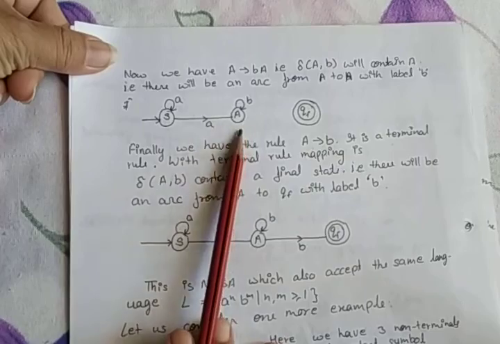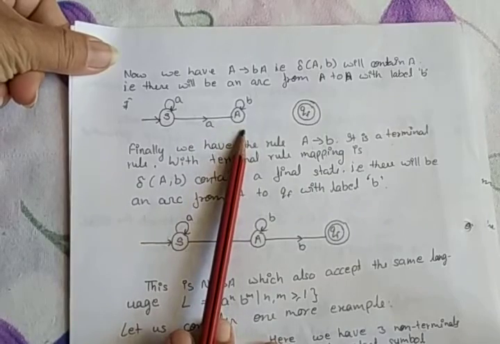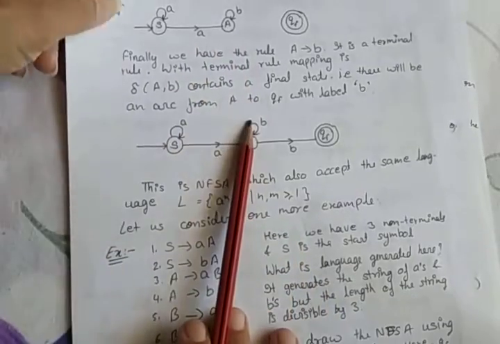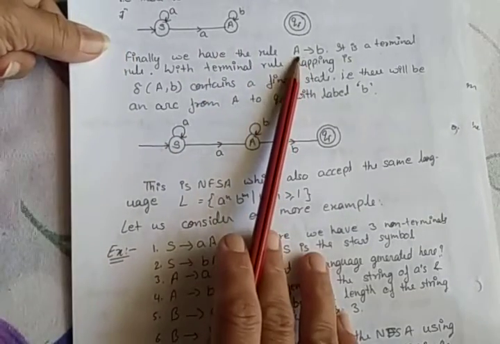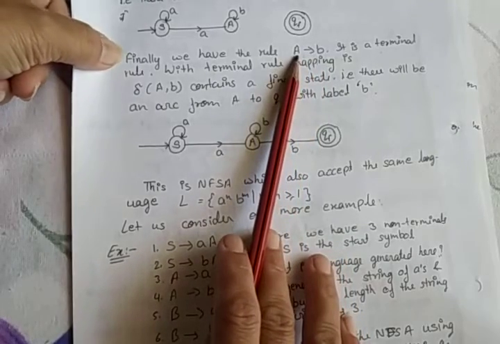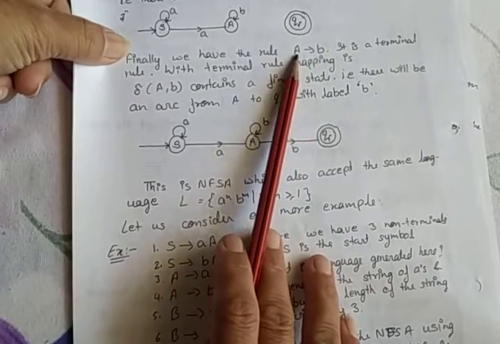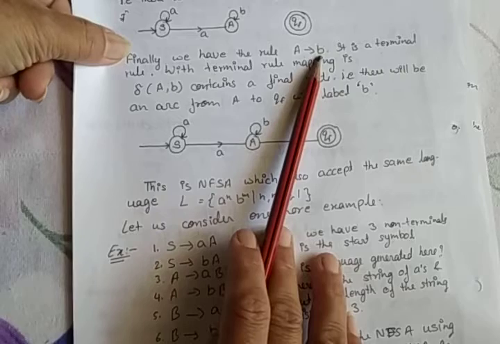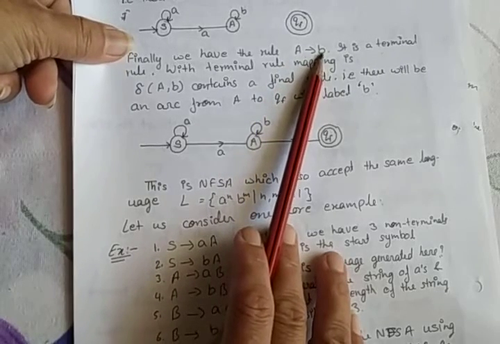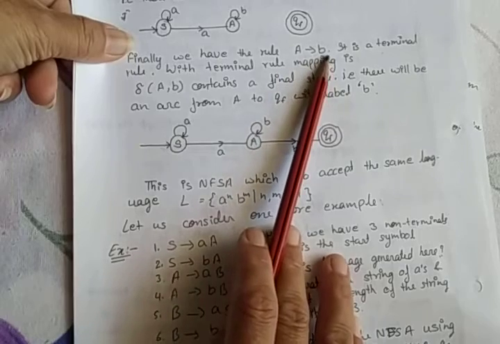So this is the transition, right? For the next rule, A tends to b, means we are at state A, we read the symbol b. Now this is the terminal symbol. That means this is acceptable.